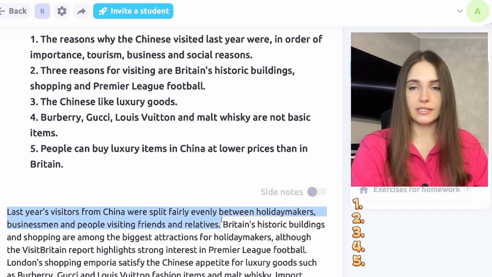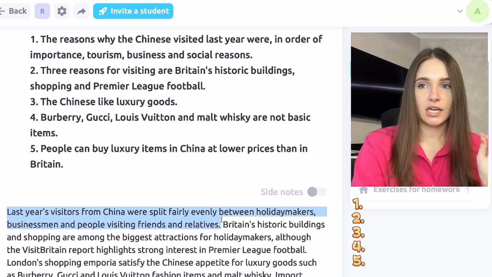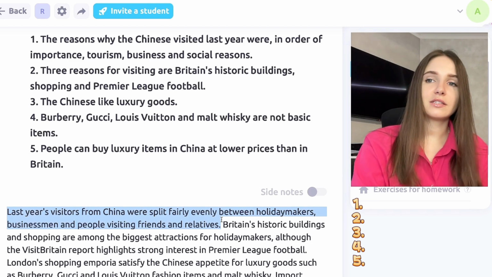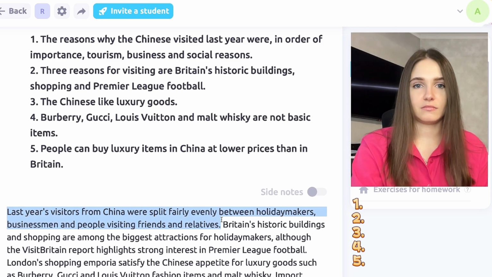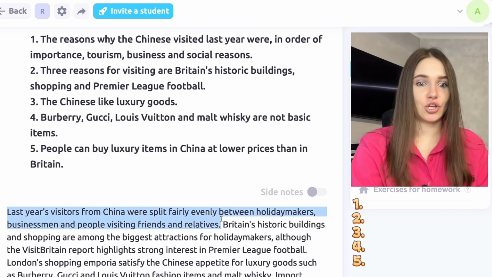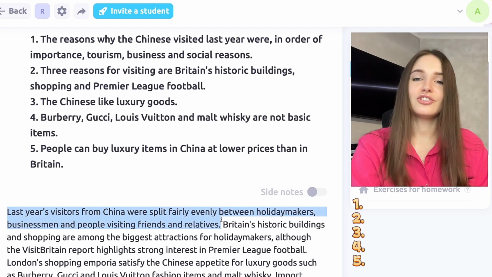So we have 3 reasons. We need to see if it's yes or no, because actually that's given. The information is given. We know why Chinese people visit Great Britain. All the reasons are given. And we need to make sure if it's 100% true, or something has been changed.